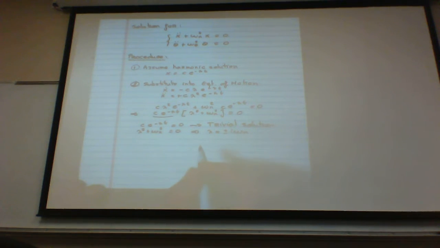So then we found that the final solution becomes x of t equal to c1 exponential of minus i omega n t plus c2 exponential of i omega n t.